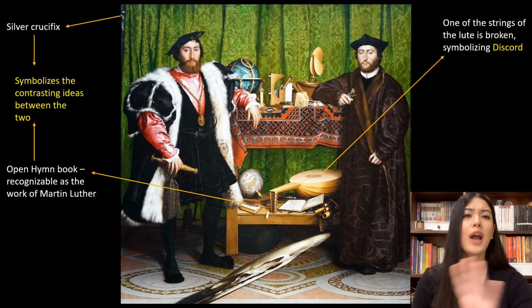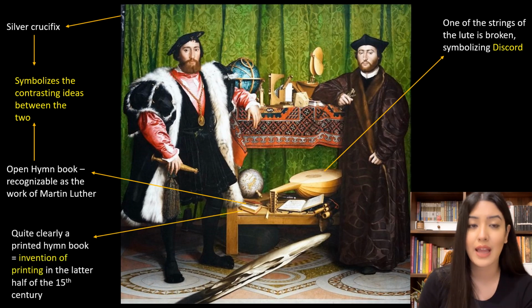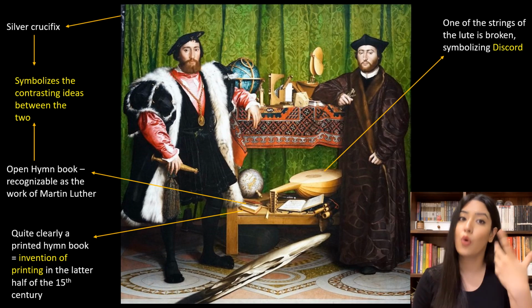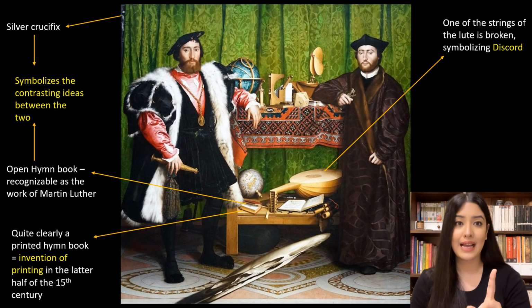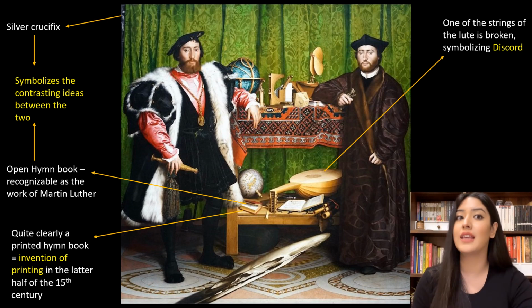Another thing is, quite clearly you can see that the open book is a printed book, again, the printing press. Johannes Gutenberg, a German goldsmith, is known to have invented the printing press. But William Caxton was the one who brought it to England during the time of the Renaissance, during the Age of Elizabeth.